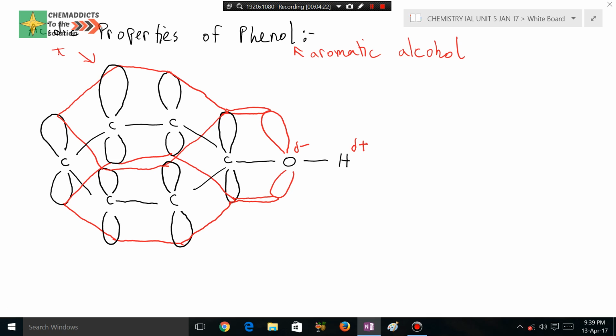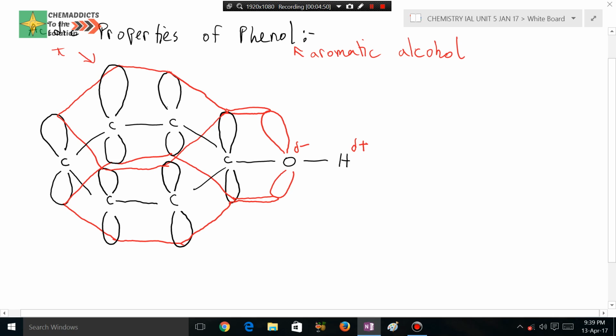Pulling the lone pair of electrons from the oxygen atom causes the hydrogen atom to be more electropositive. Since the electrons of oxygen get incorporated with the benzene ring, this hydrogen becomes alone, totally alone.